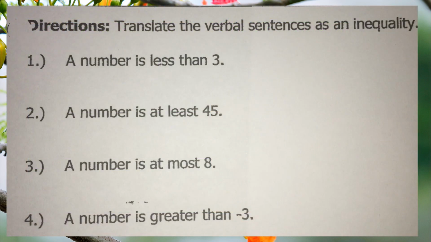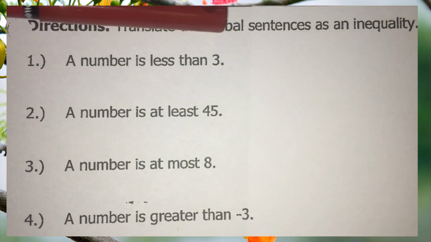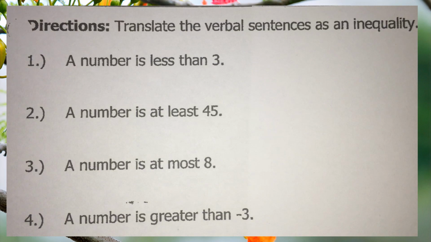So what I want us to look at is how to translate verbal sentences into inequalities. And remember, an inequality is just a statement to say that something is not equal to something else. In other words, something is greater than or equal to something, or something is less than or equal to something. Cool? Good.